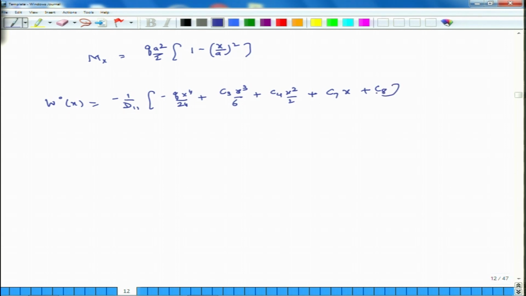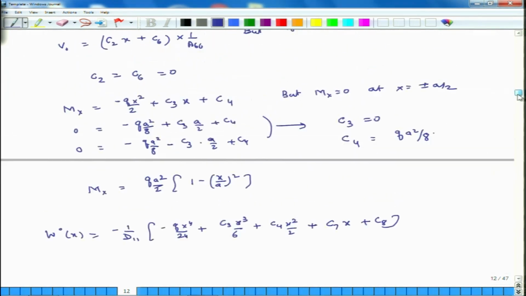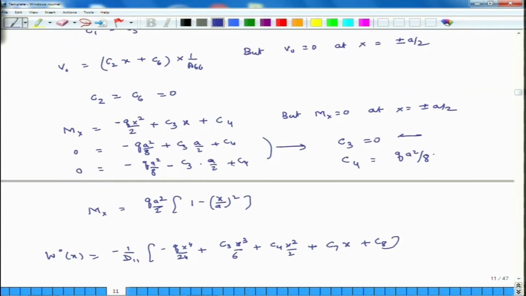And we have also already said that C3 is 0 here.